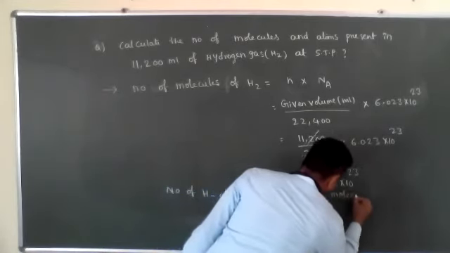Sir, how will the 10 to the power of 21 come? One by 2 into 6.023 × 10^23. This value is not changing. Yes, the 2 is dividing, so it is approximately 3.